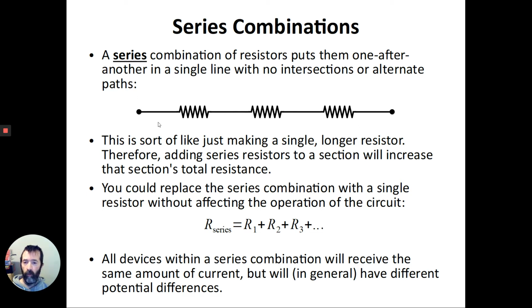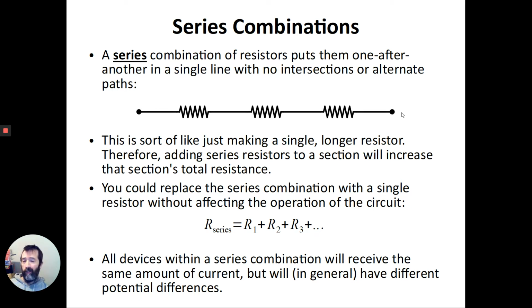If 1 amp of current comes in on the left-hand side and passes through this resistor, there's nowhere for that flow of current to go other than to the next resistor. So all of that current has to go through this one, and then all of that current also has to go through this one, and all of that current is going to exit on the other end. So if things are in series, they will all have the same current as each other.